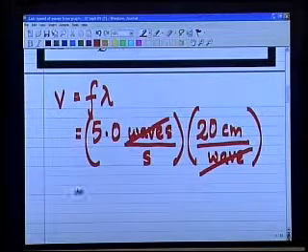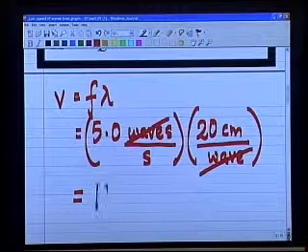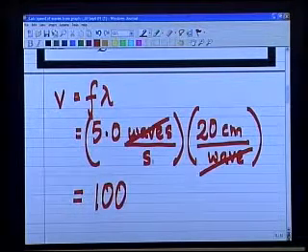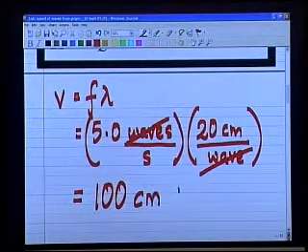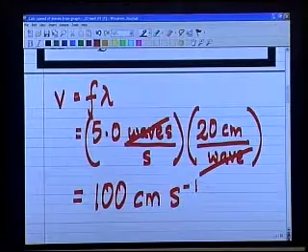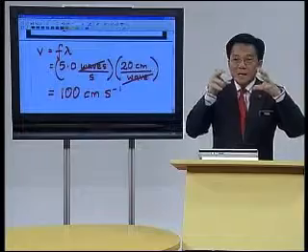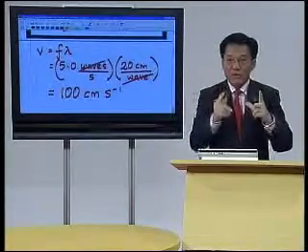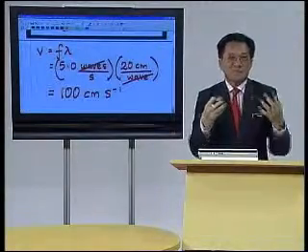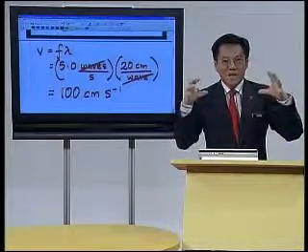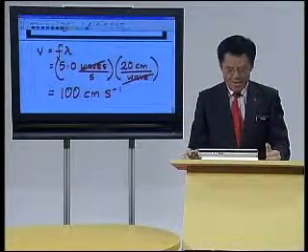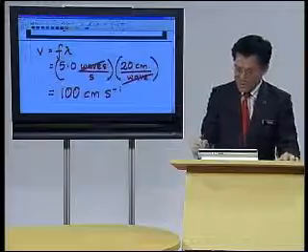What do I have? I have 100 centimeter per second. So now I am explaining in more detail what the formula means, because sometimes you might be using a formula without understanding.